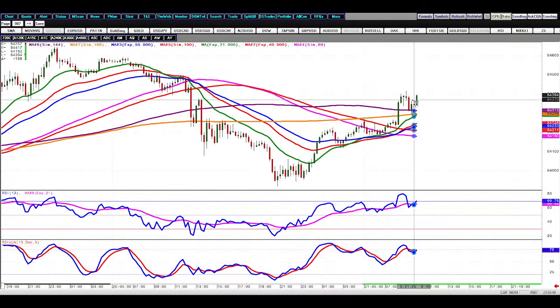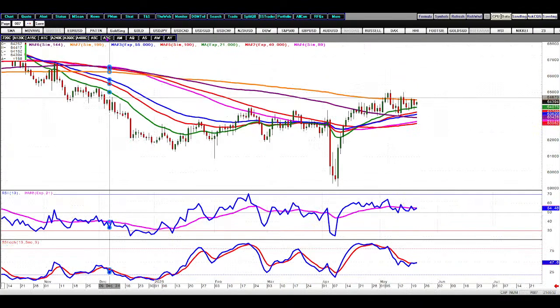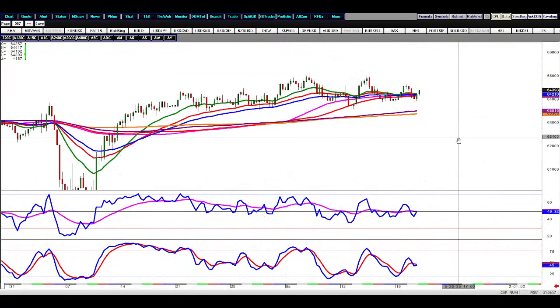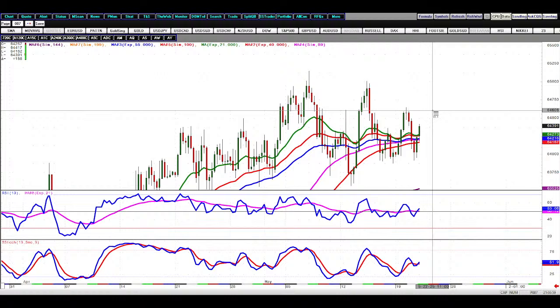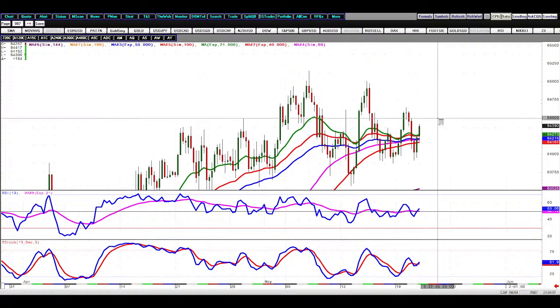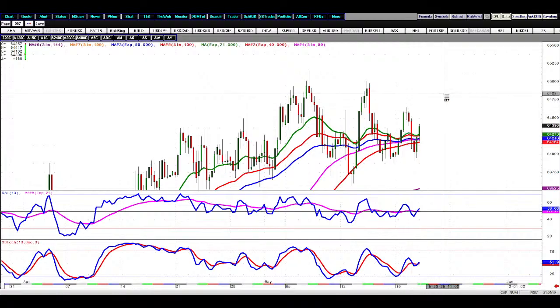Aussie, I think Aussie is still showing this. I don't think we should see the price going above 64, or 65.